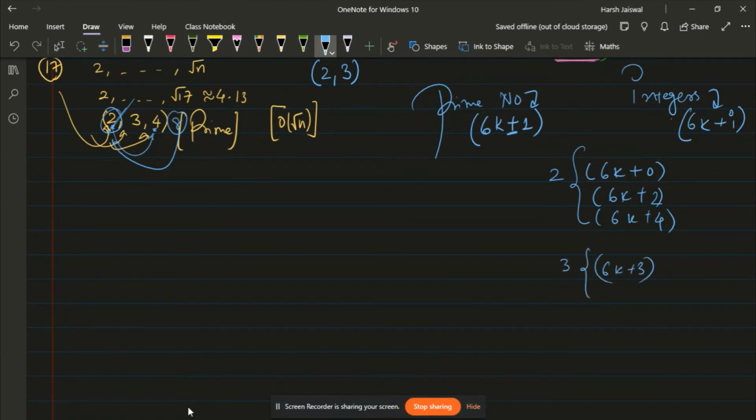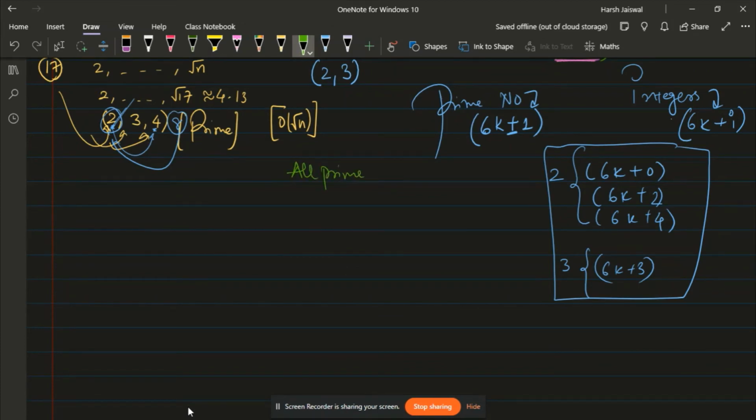So this is the property of integers as well as prime numbers: all prime numbers above 3 are of the form 6k plus or minus 1, where k is greater than 0.